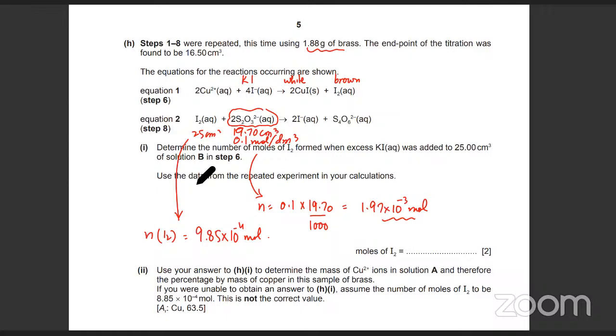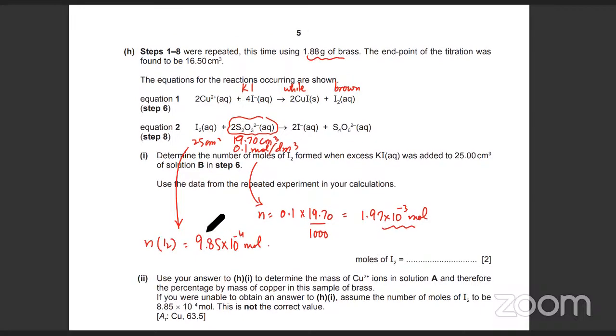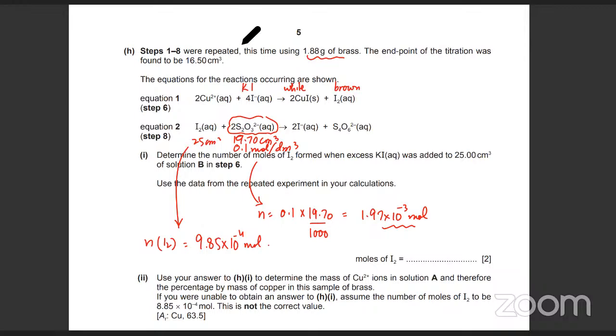So the next part is, I'm using 19.7. He said that there was another titration, they were actually using 16.5, because he was doing this for a completely different titration. I thought we were doing it for the previous one. So one mistake that we made was that it wasn't 19.7, it was actually 16.5. Can anyone redo the calculation?